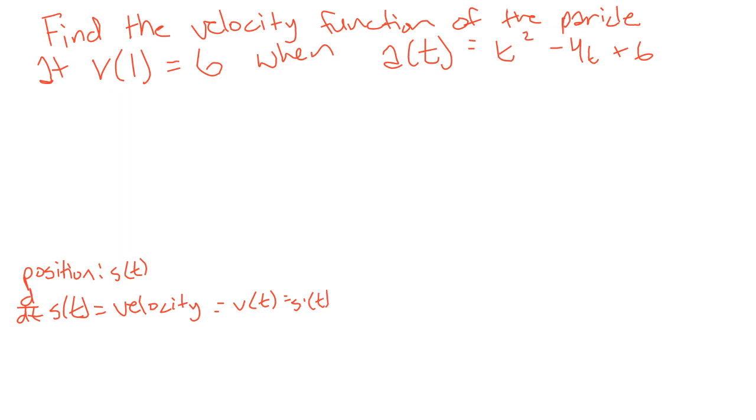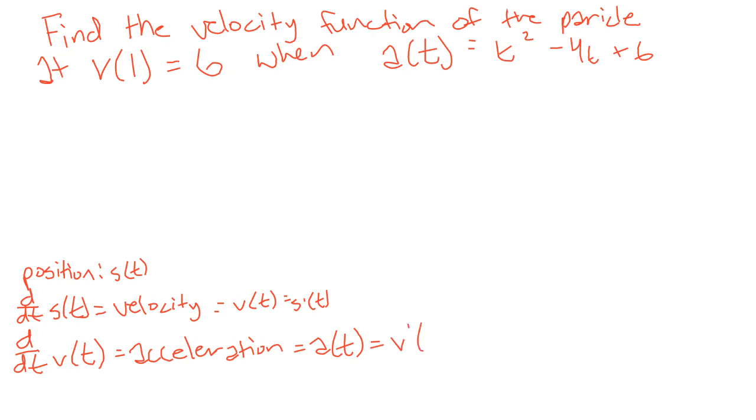If we keep going down the line from velocity, the derivative of velocity is acceleration, which we usually denote as a of t, which is v prime of t, which is s double prime of t.